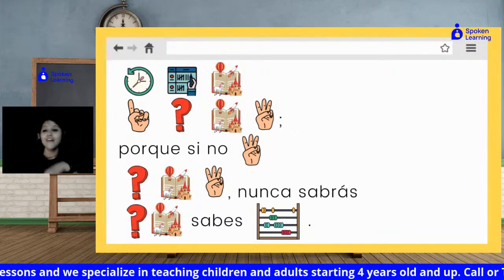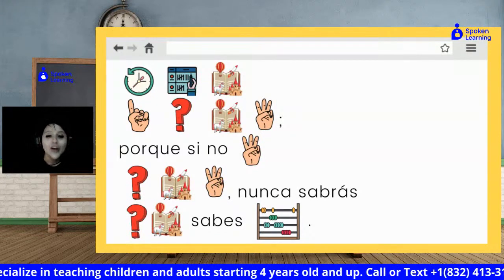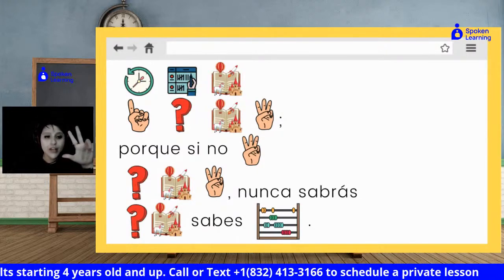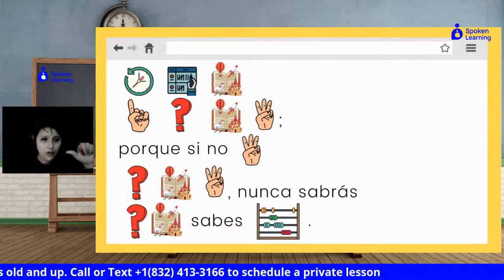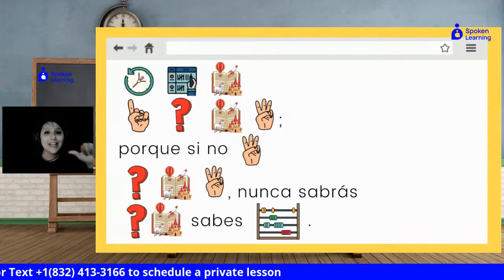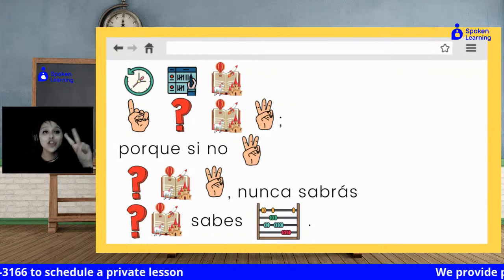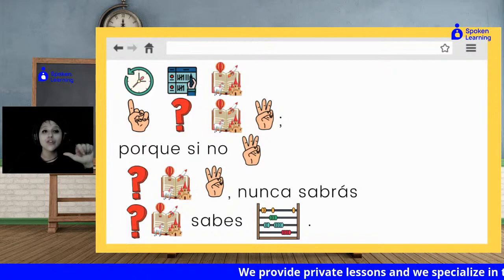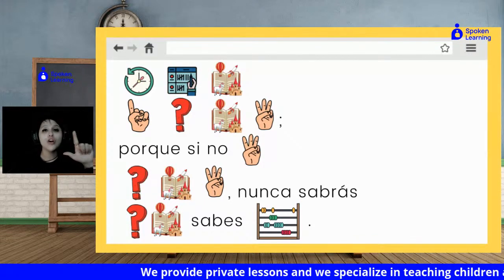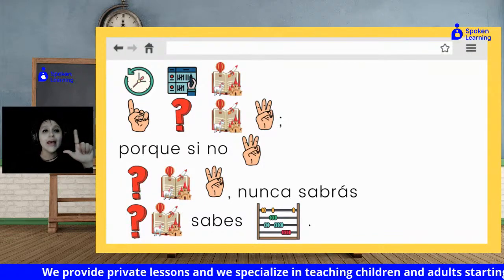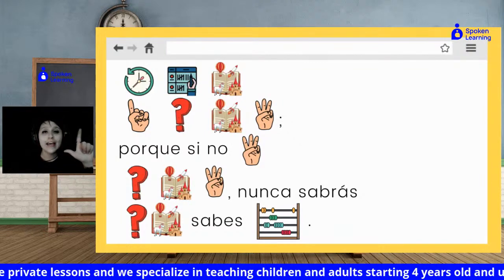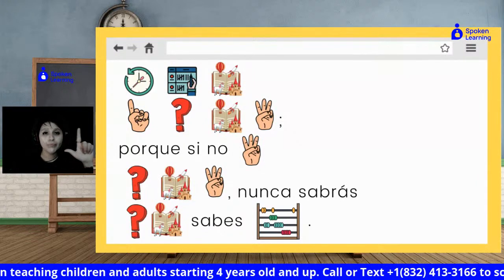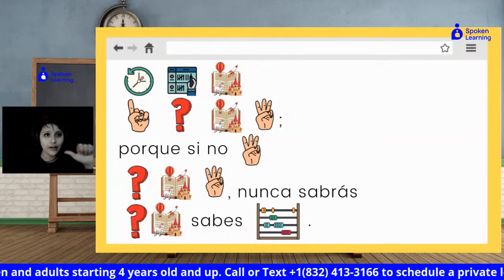Good. Very, very good. All right, guys. So three things that we reviewed today. First of all, la letra C tiene dos sonidos. El sonido K y el sonido S. El sonido S se da con las vocales E, I. That's the first thing.